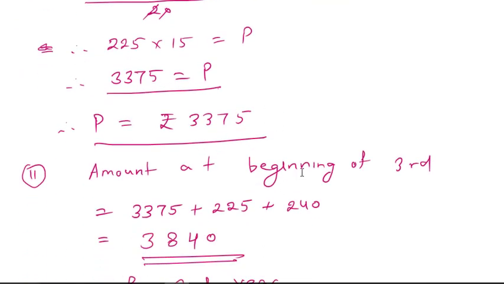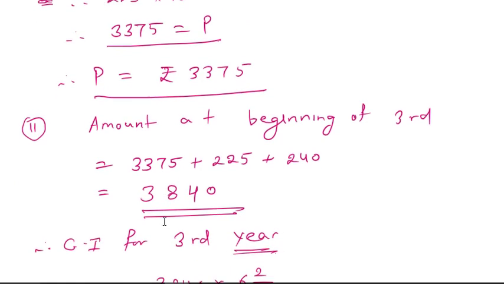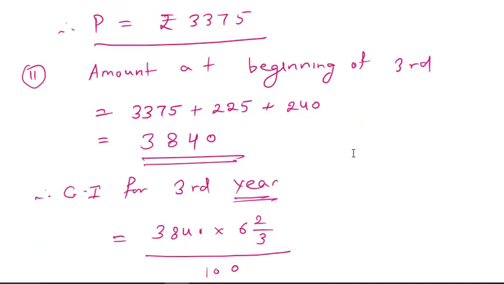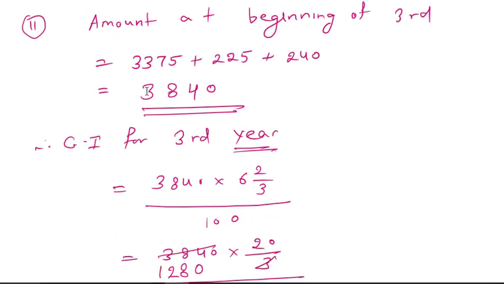Now we have to calculate interest for third year. First I will find the amount at the beginning of third year, that will be the original amount plus interest for 2 years, that is 225 and 240. I add them and I got 3840.